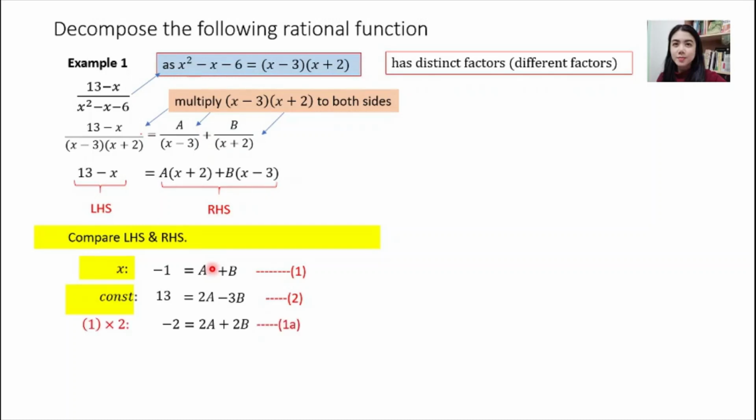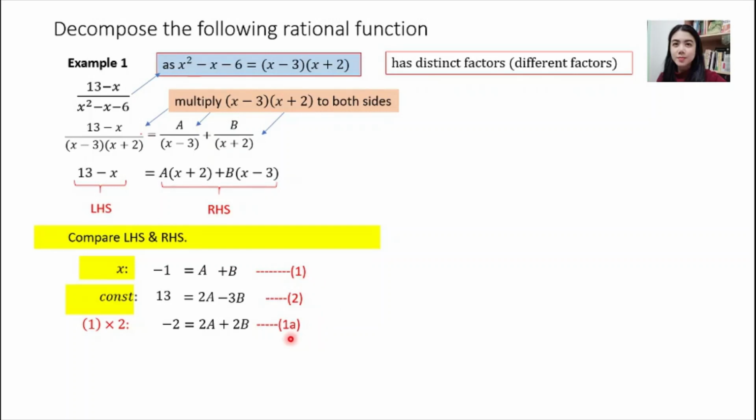When you multiply equation 1 with 2, this one basically gives you minus 2, this one gives you 2a, and this one gives you 2b. So you multiply the equation 1 with 2. I name it as 1a because I want to make it easier to trace back when I want to check for the source.